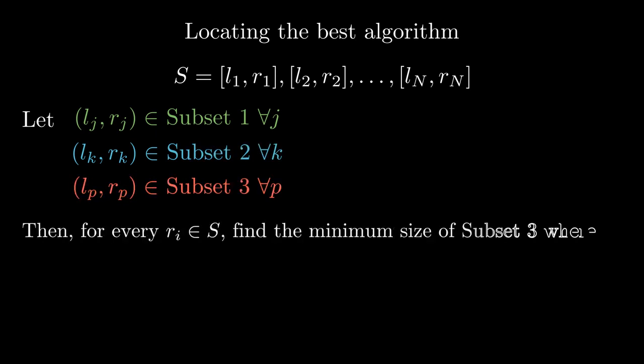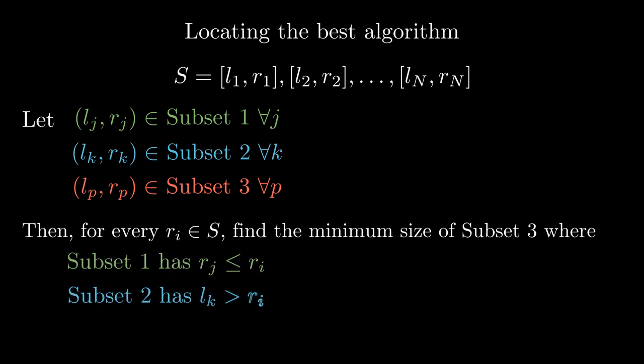Hence, we just have to run through the right endpoint of every range, and subset number 1 will contain all ranges with rj less than or equal to ri, and subset number 2 will contain all ranges with lk greater than ri, and we have to find the minimum size of subset number 3, which has lp less than or equal to ri and rp greater than ri.